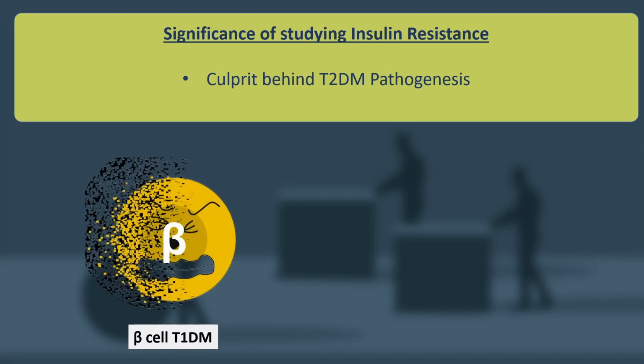We know that in type 1 diabetes mellitus, insulin is created by beta cells of the pancreas, and there is autoimmune mediated destruction of beta cells of the pancreas.